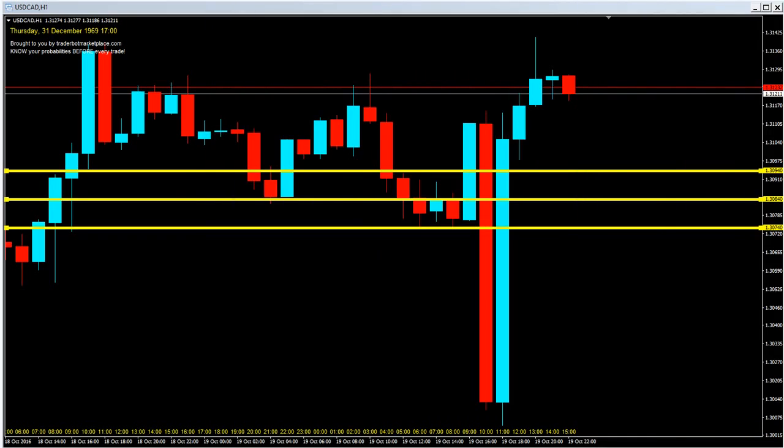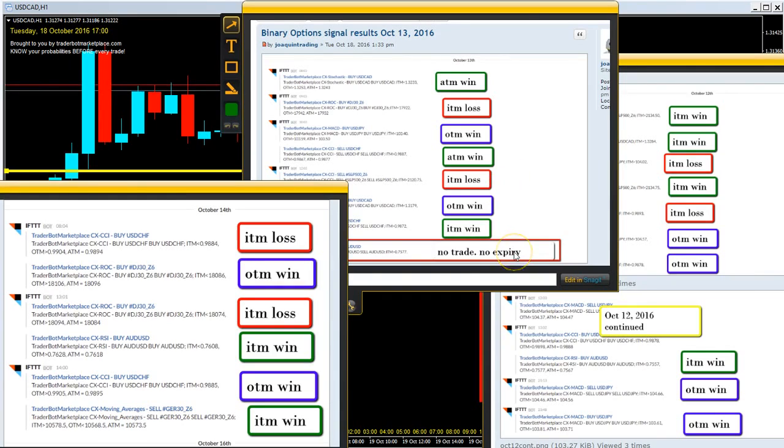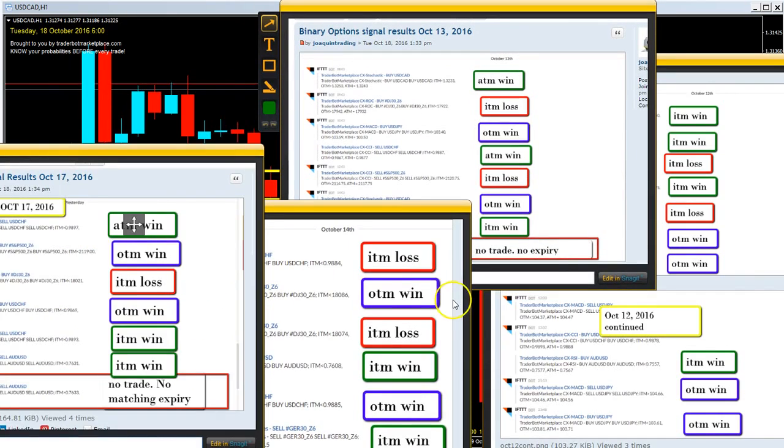We're going to look at the past 4 days and devise a strategy. I'm having a hard time fitting all these on the screen, but you can see right here all of the ITM and OTM and all that win-loss rates. So we're going to count them. We're just going to take a little picture and do a little basic arithmetic.